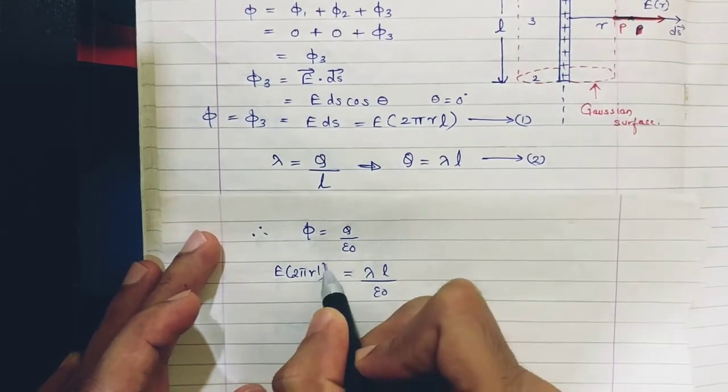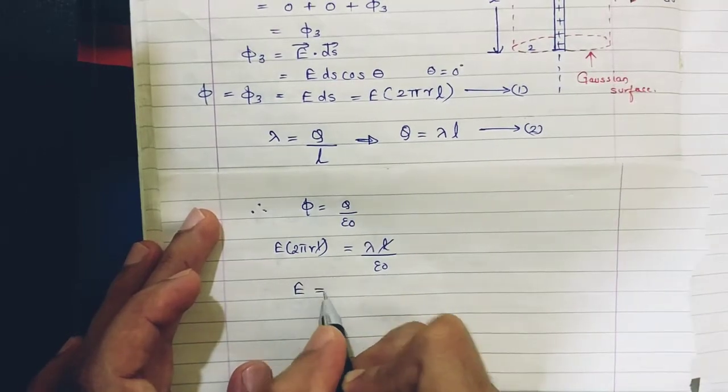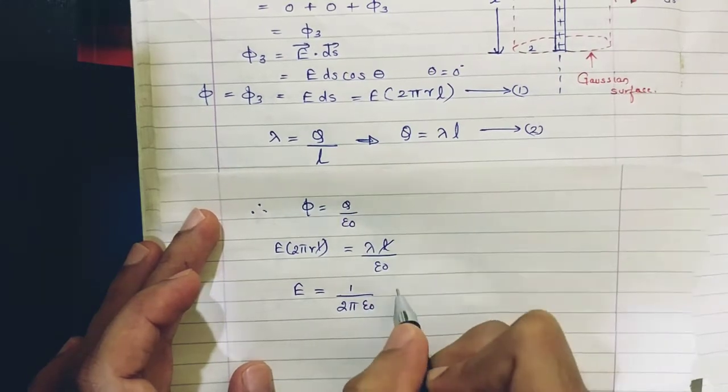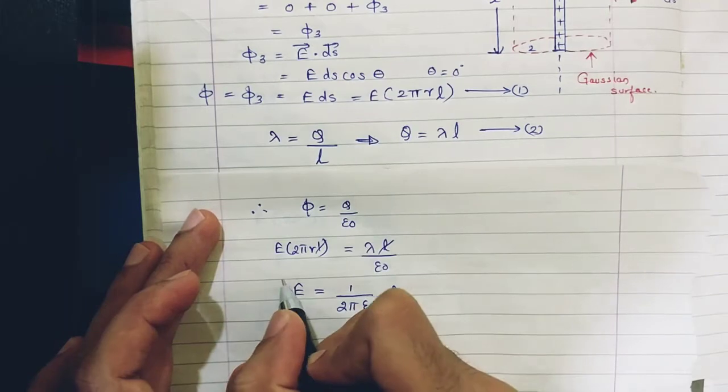If you see from here, L and L get cancelled, so you get the equation for E. E is going to be 1 upon 2 pi epsilon naught, lambda upon r.